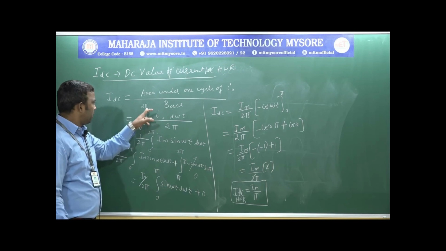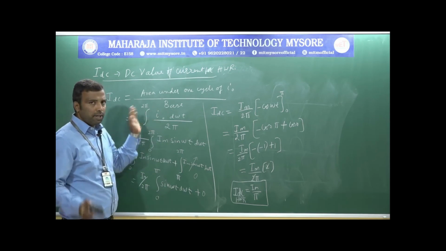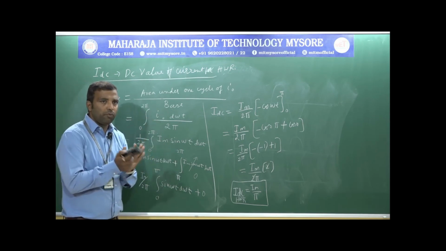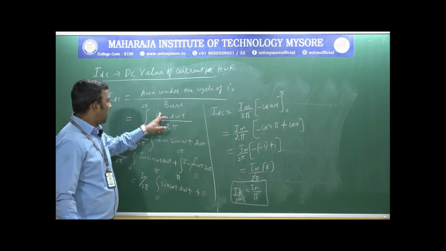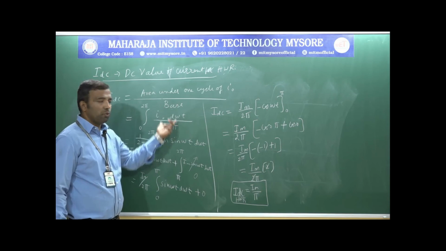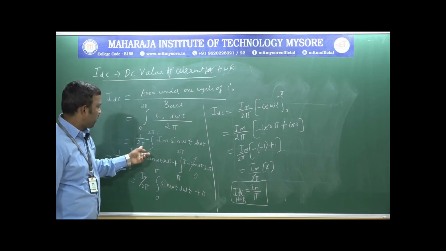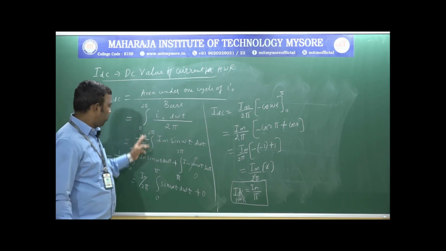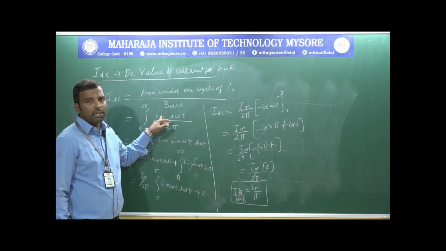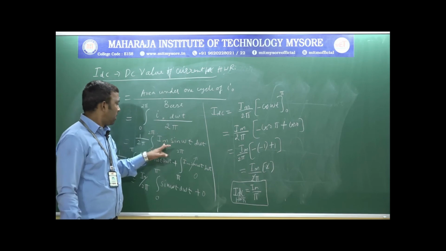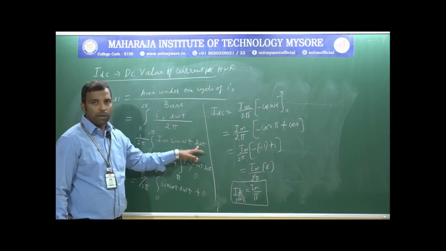Therefore, we can write this as 0 to 2 pi, as we are considering the entire current. So, we have to integrate the entire cycle of I naught d omega t by the base, which is 2 pi. 2 pi is constant, so I take it outside. So, 1 by 2 pi, 0 to 2 pi, and I will write I naught as the standard value, that is Im sin omega t d omega t.